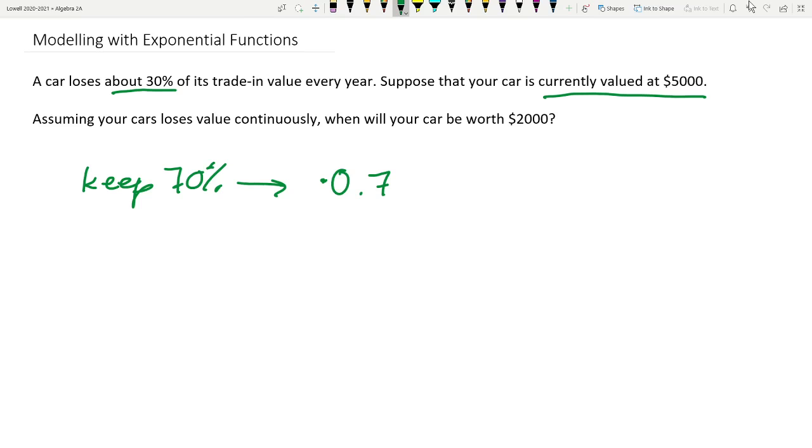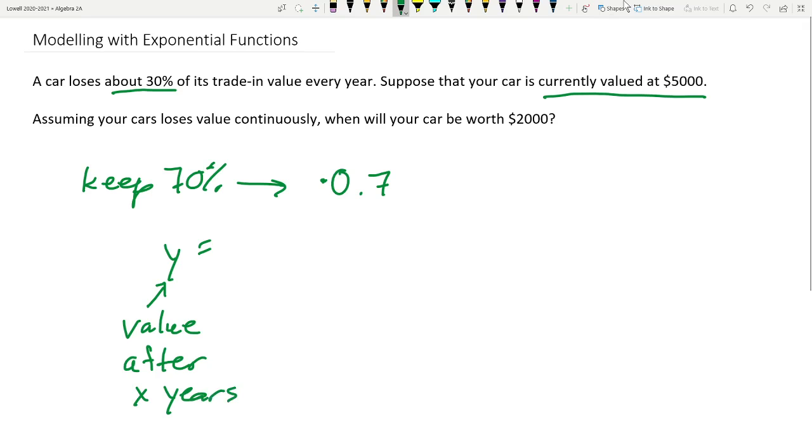If this is the current value, we can start our time, or independent variable, from now. So y is the value after x years. Since we are always keeping 70% year after year, this pattern is exponential, because it's always multiplying by 0.7 every year.